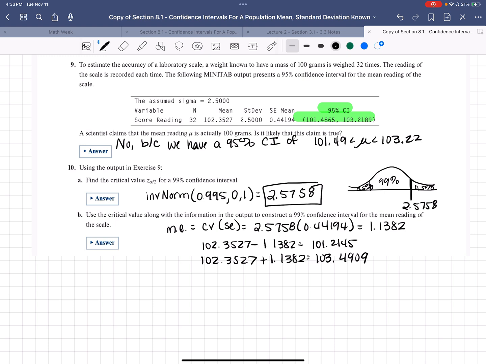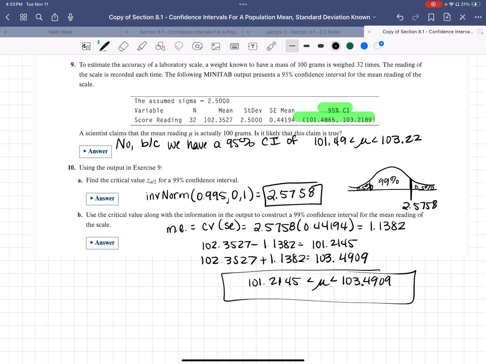And that will give me 101.2145 is less than mu is less than 103.4909. All right, guys, and that sums up 8.1.